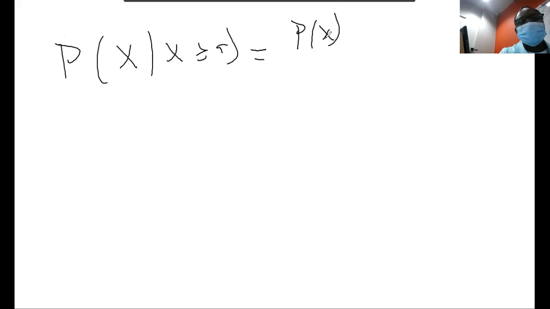Remember, the probability of X given that X is greater than or equal to a is equal to the probability of X divided by the probability of X greater than or equal to a, where now this X is greater than or equal to a.